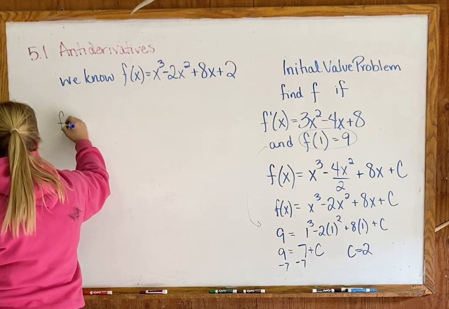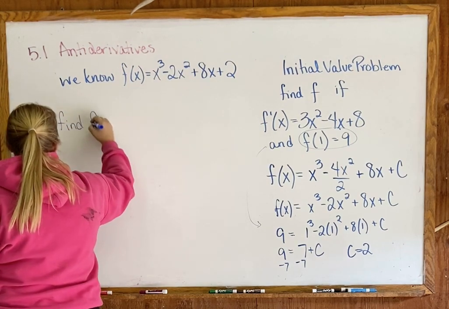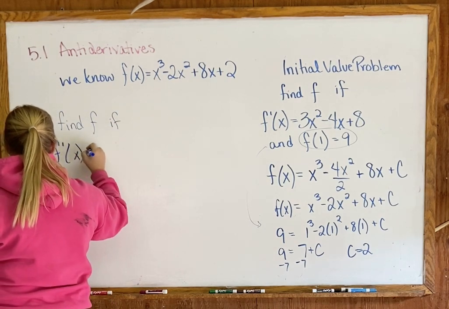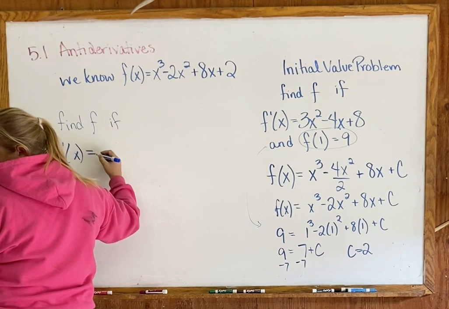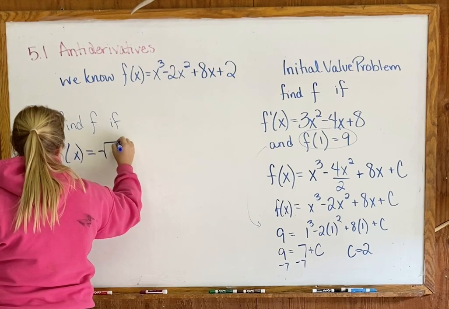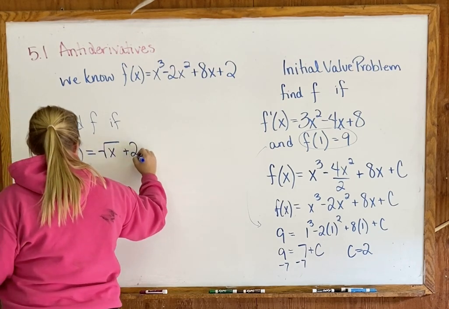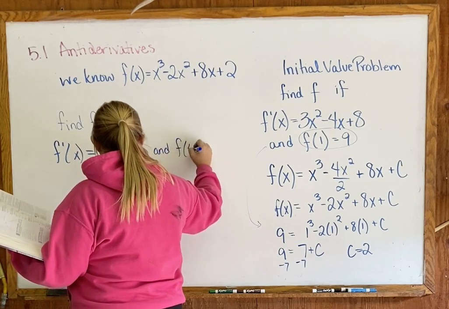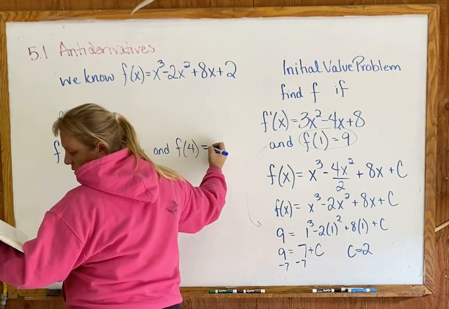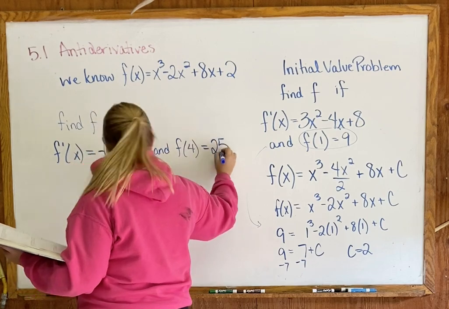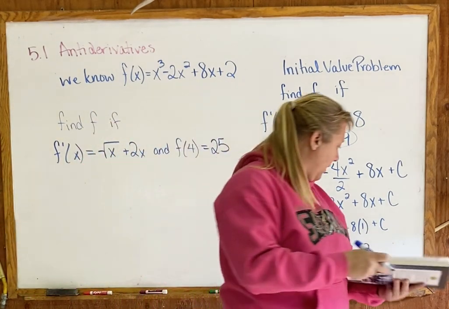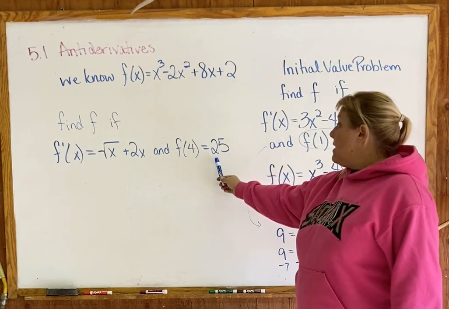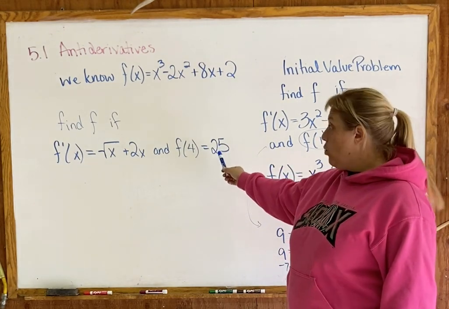So find f if f prime of x is equal to the square root of x plus 2x, and f of 4 is equal to 25. Okay, so again, they've given us another initial value, but we're going to work with that later.